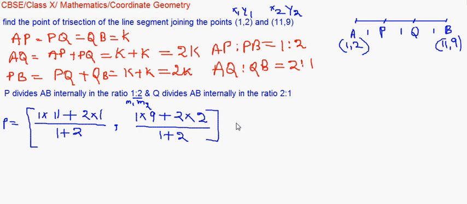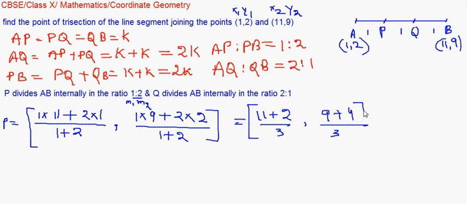So that's giving me 11 plus 2 by 3, and here it is 9 plus 4 by 3. So the coordinates of the point P, which is dividing AB internally, are 13 by 3 and 13 by 3.